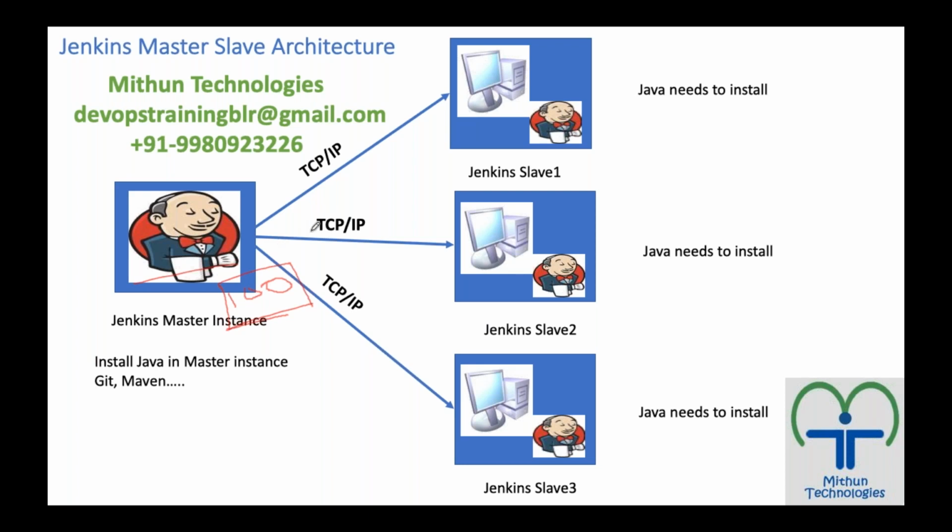Instead of that, I'm going to distribute some builds to other instances. We are going to call them slave 1, slave 2, slave 3, or we can call them node 1, node 2, node 3. Nodes and slaves are both the same. We are going to call them either a slave or a node, right?